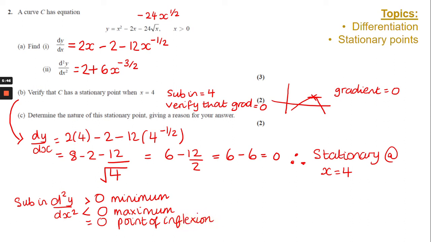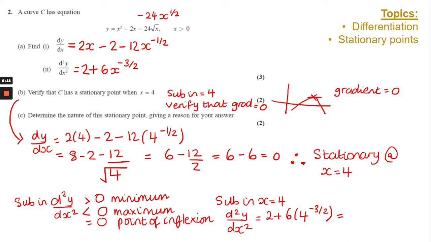So we need to sub in our x value, so what's the nature of the stationary point at x equals 4, into d2y/dx squared. So we get d2y/dx squared is equal to 2 plus 6 bracket 4 to the power minus 3 over 2.